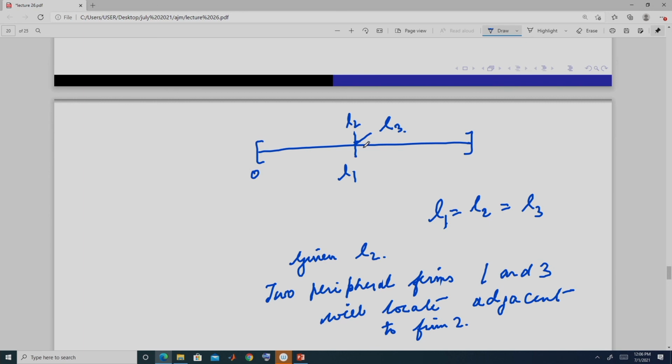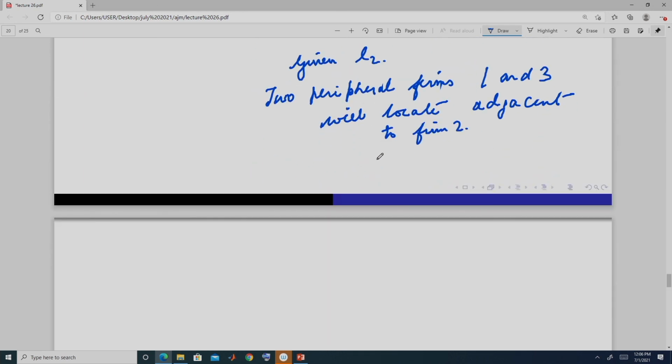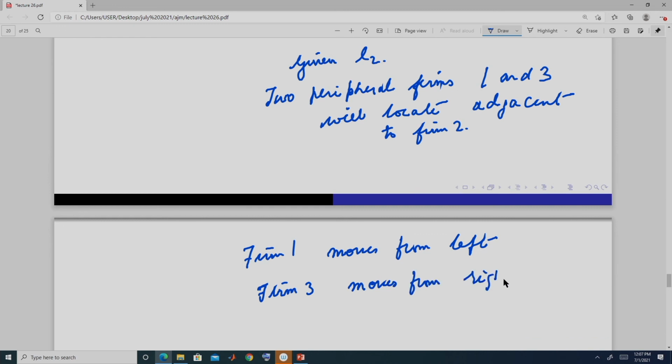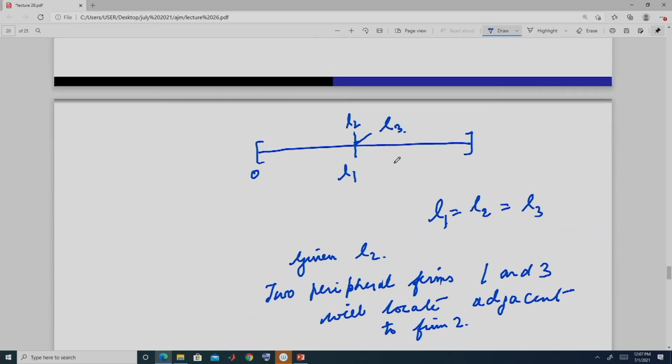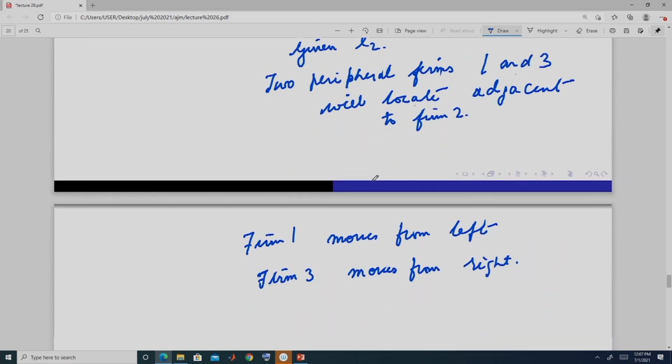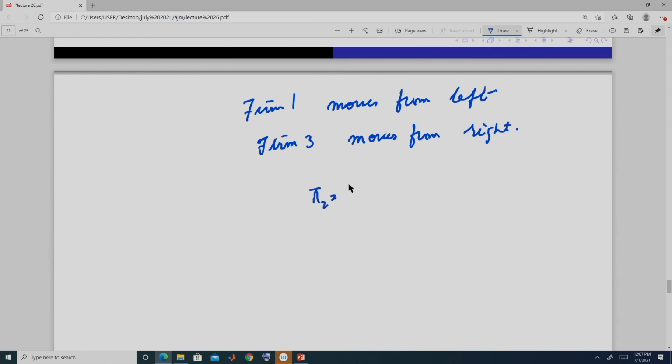Farm 1 will move from the left and farm 3 will move from the right. And here we do not get an equilibrium, because then what is the profit of farm 2? The profit of farm 2 is 0, because it is sandwiched between farm 1 and farm 3.